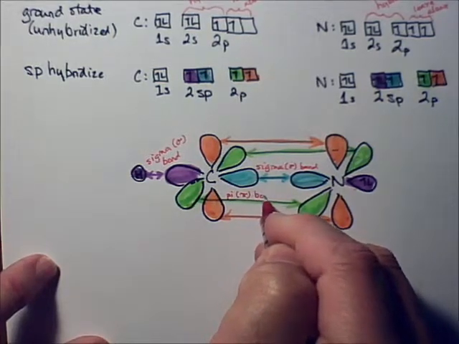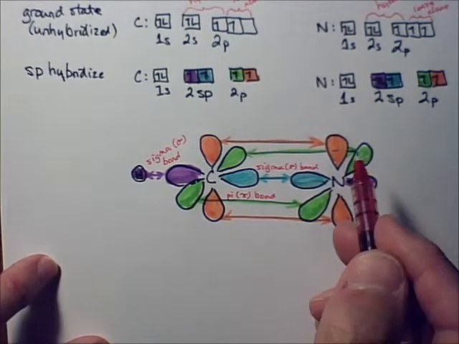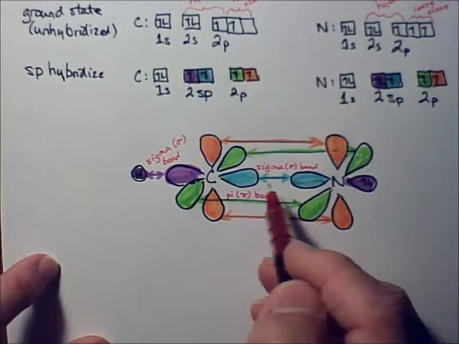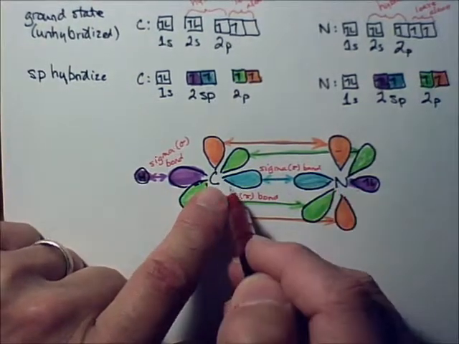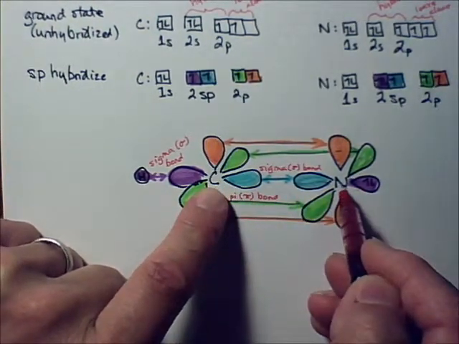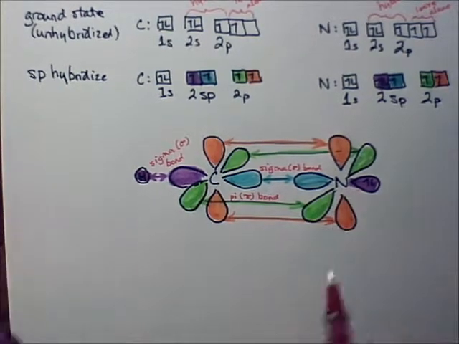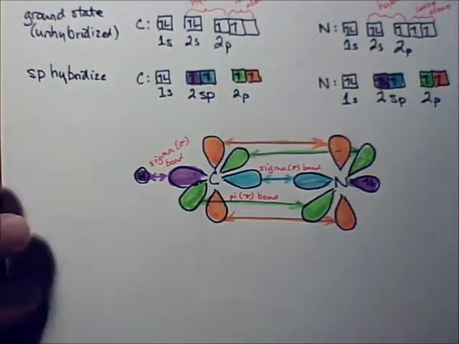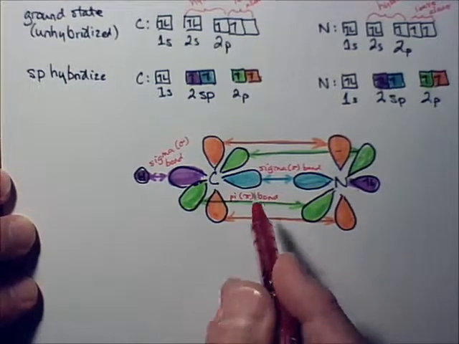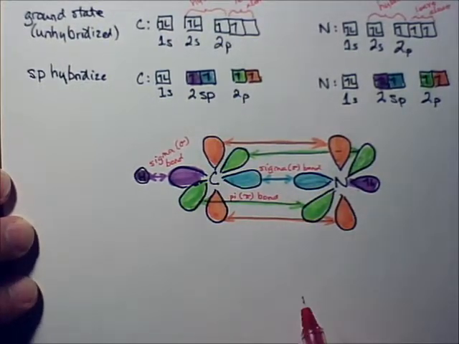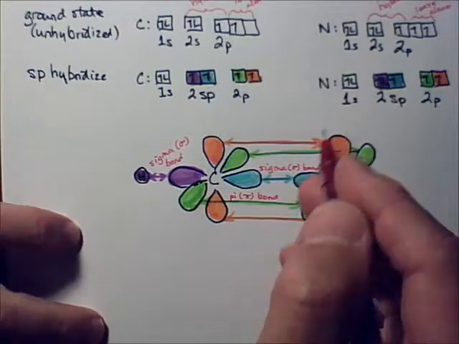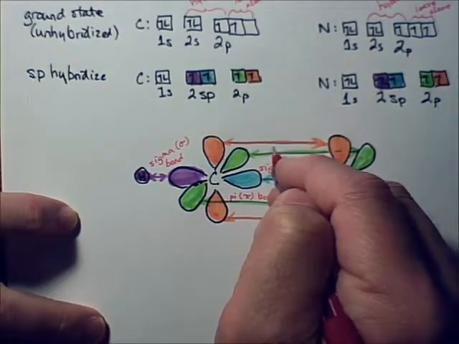How do you know which bonds are which? I'm color coding them. The sigma bond has to be the one that's right on the line between the two nuclei. And pi bonds? Well, pi bonds are around that. They run parallel to the sigma bond, but not directly on the line between the two nuclei. Yeah, I got it. Okay? So that's a pi bond.